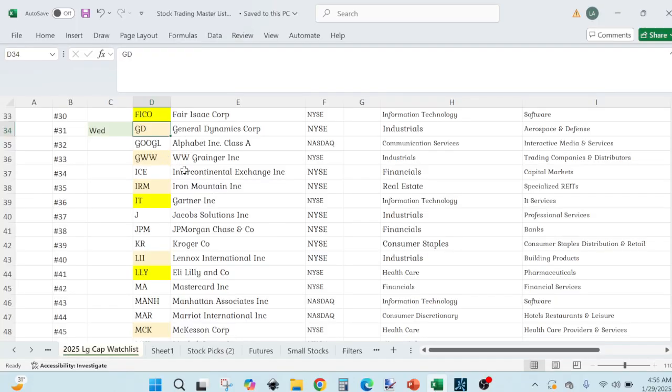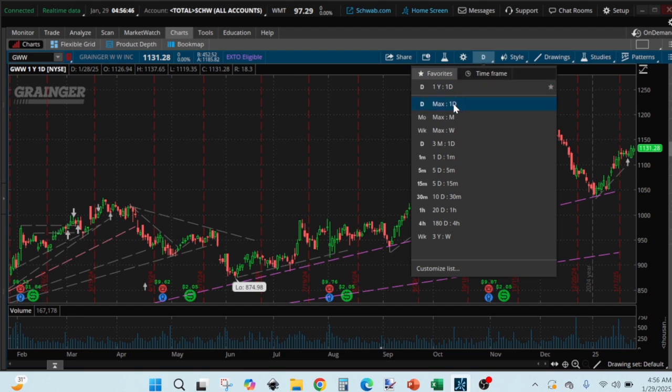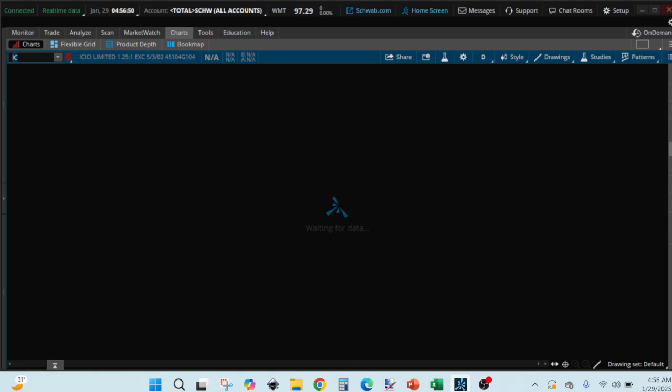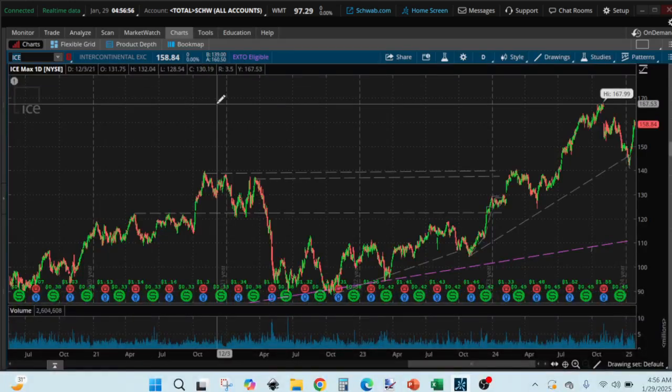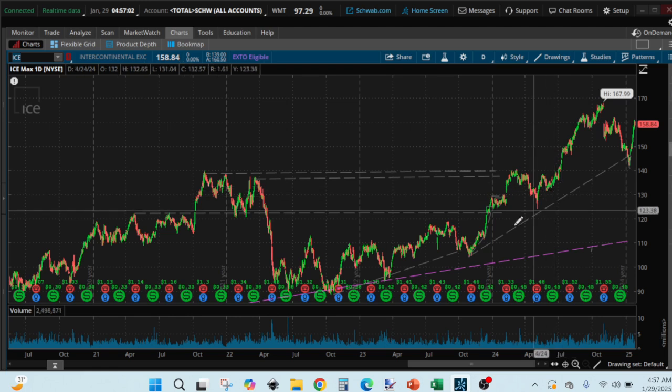The next one is ICE. So ICE, we like to buy at this trend line, but right now it's following this trend line.